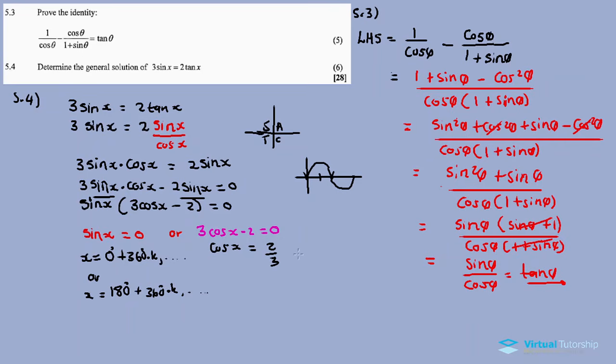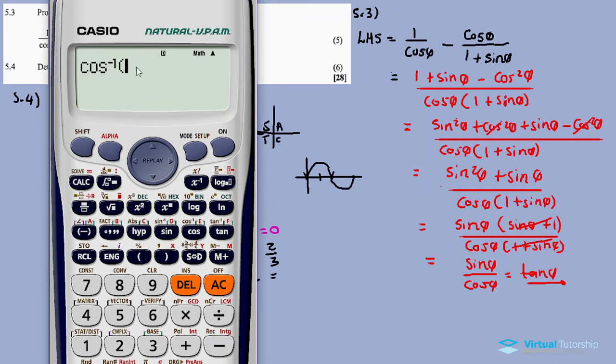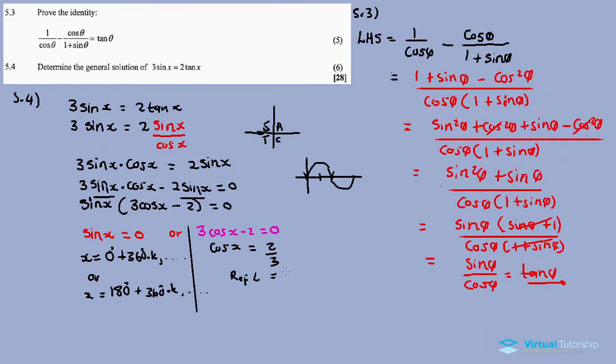So now we can find the reference angle. I'm doing this part. So the reference angle is equal to shift cos 2 over 3, this is equal to 48.19 degrees. This is the reference angle.